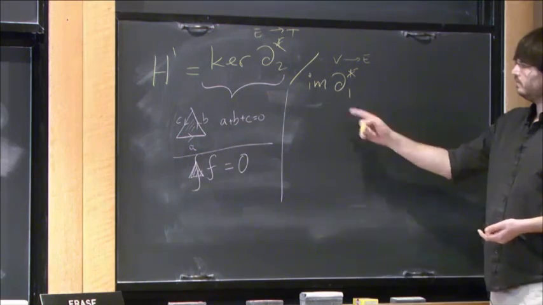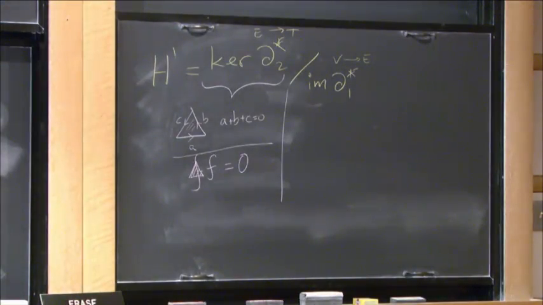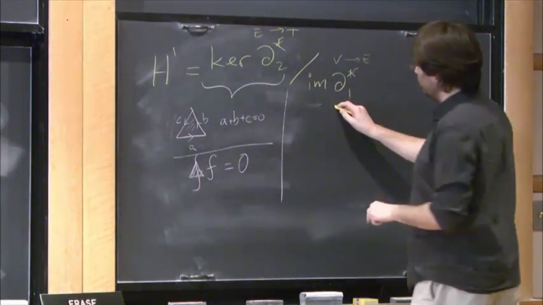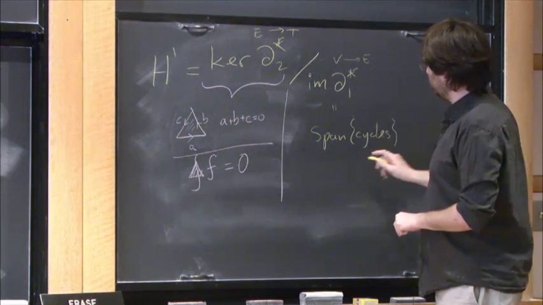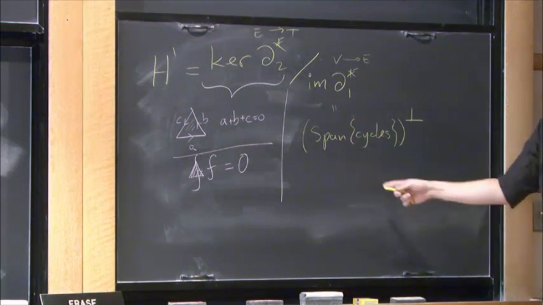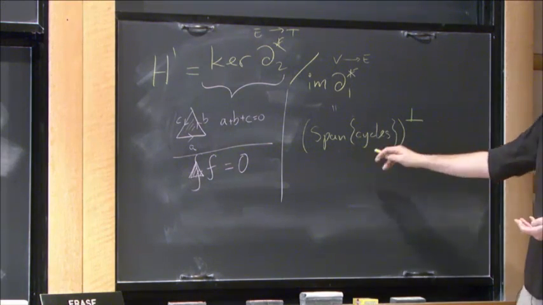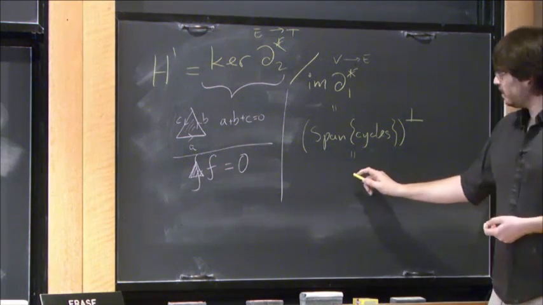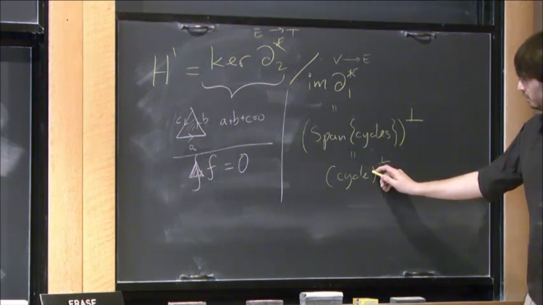What happens here? Now look at this. We know that the kernel of the dual map is the Kirchhoff space, which is the span of cycles, and I want to use this again. This is the dual, because it's the image of the dual map, so it's the orthogonal complement of the span of the cycles. But to be perpendicular to a span, you just need to be perpendicular to each of the elements, so it's just perpendicular to each cycle.